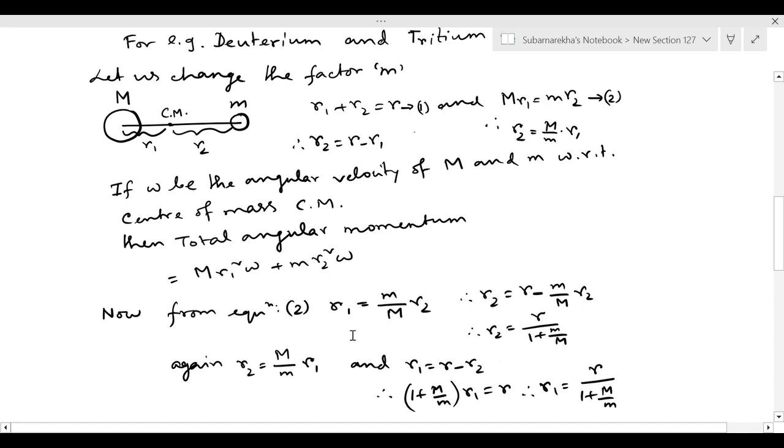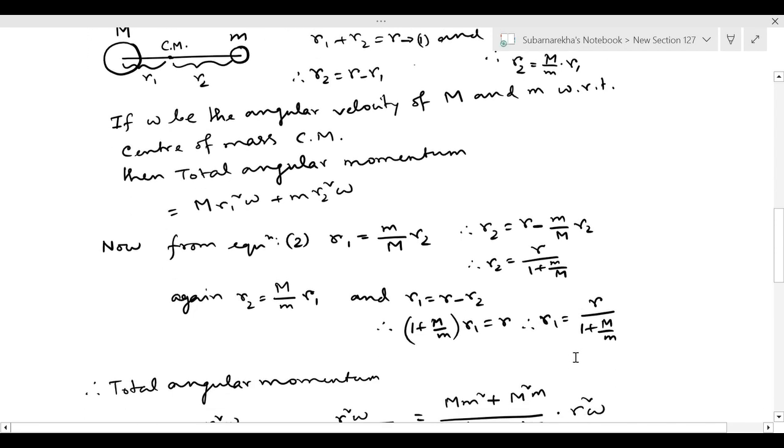Then r2 becomes r by 1 plus small m by capital M. Similarly, r1 becomes r by 1 plus capital M by small m.